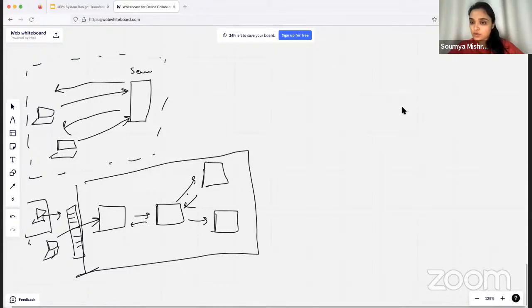Saidin has a question: what to input and what to expect as output? So do you mean input and output of a system design? Saidin, do you mean input and output of a system design? Okay.